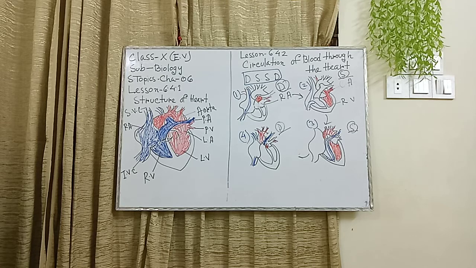Okay. Next, the walls of the two atria contract and the muscles of the ventricle relax. As a result, the tricuspid valve situated between the right auriculoventricular aperture opens. So, the deoxygenated blood from the right auricle enters into the right ventricle.